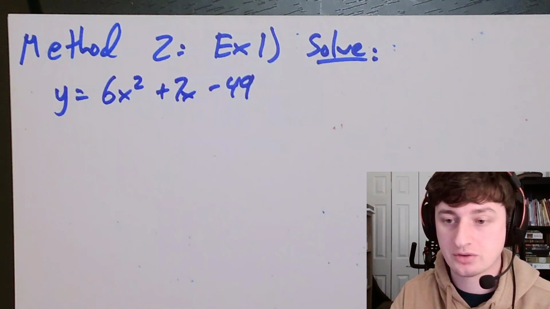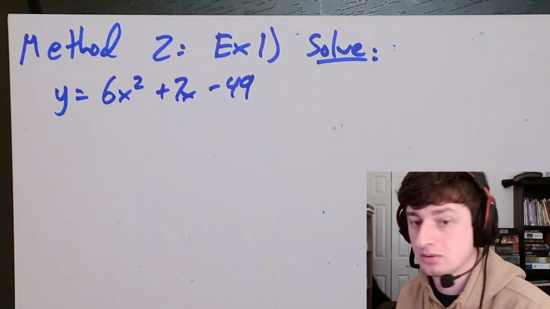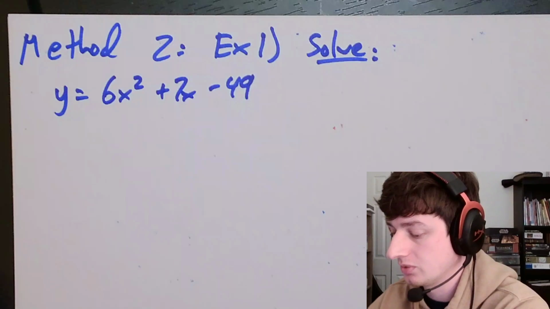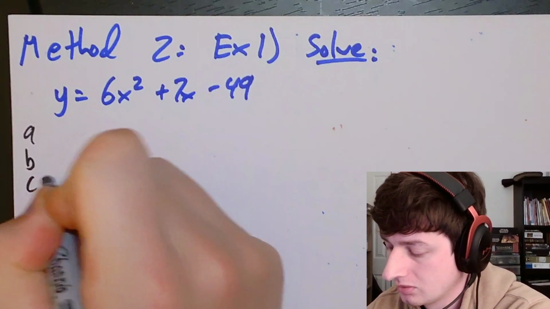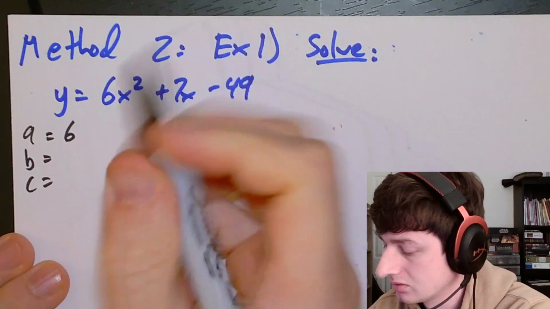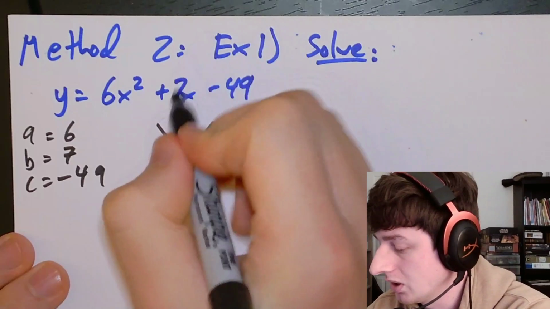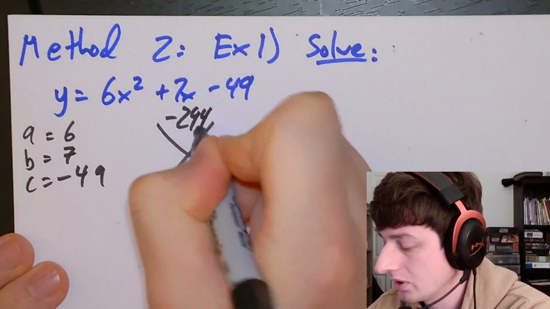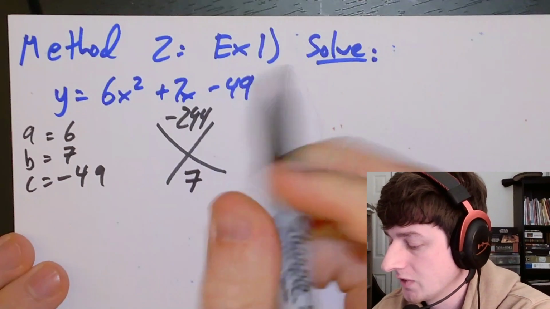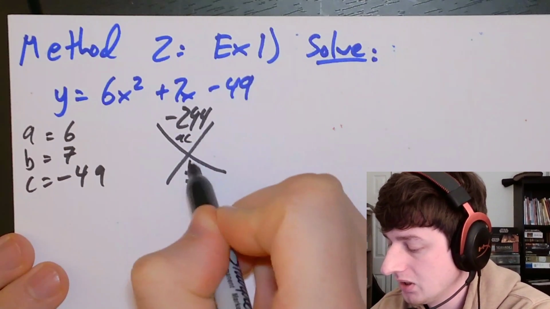You already have this factoring in your notes. I'm going to do it again. Right, so we list out A, B, and C. 6, 7, negative 49. We do the x. We got negative 294 and 7. Right, so this is AC, this is B.